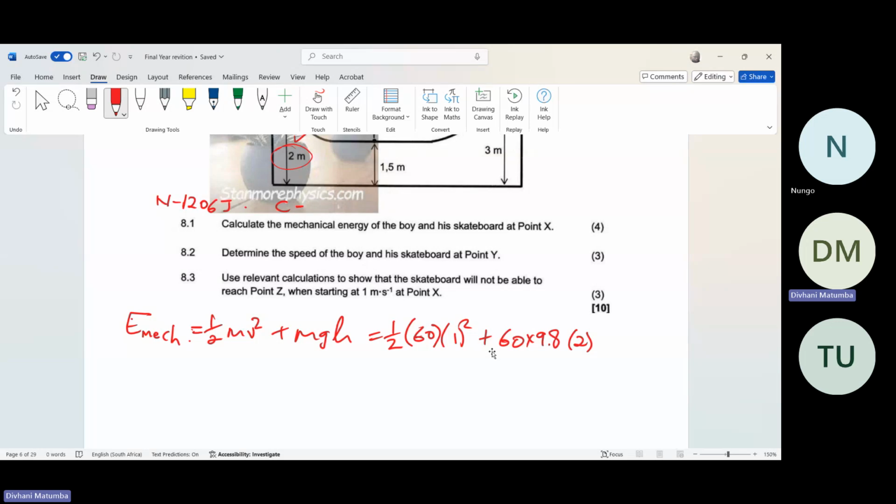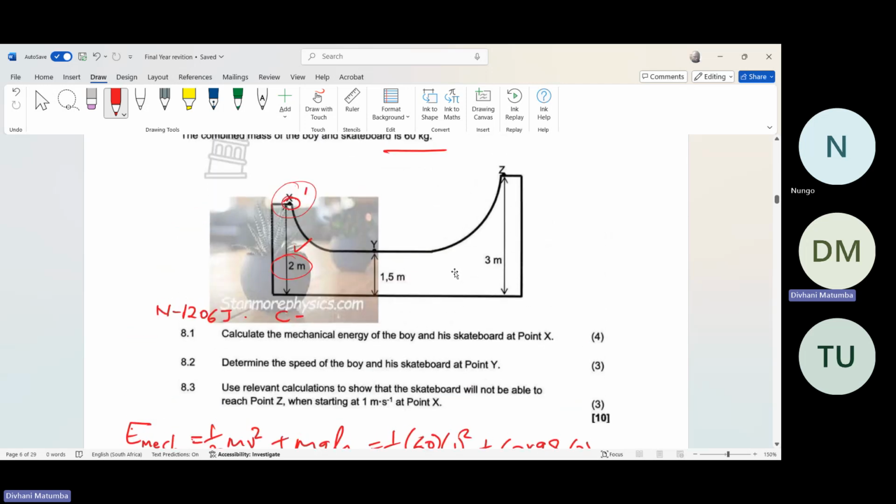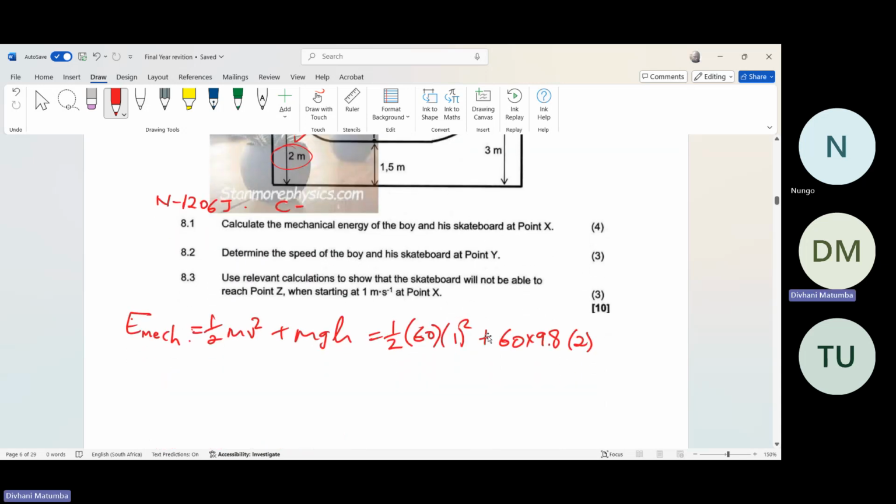Okay, 8.2. Determine the speed of the boy and his skateboard at point Y. 2 minutes. The answer that I got is 1206 joules. That is the total mechanical energy.